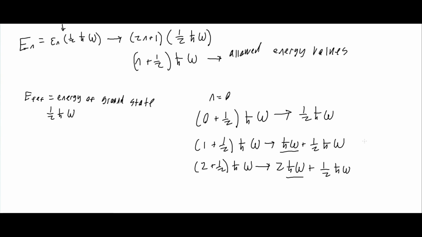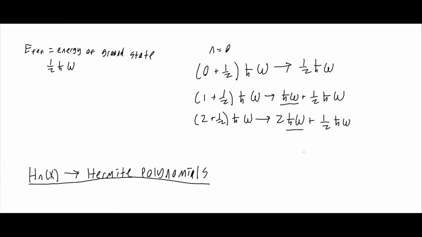Anyway, I hope you found this video useful. I will continue and probably finish off at least what's called the analytic method of solving the one-dimensional Schrodinger equation with a potential modeled as a harmonic oscillator.